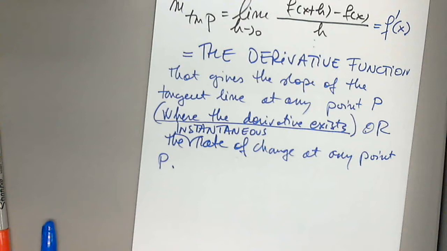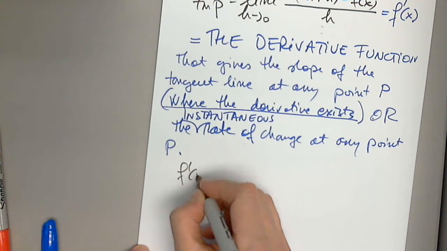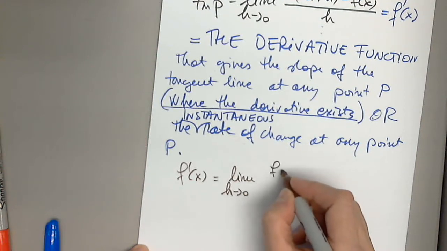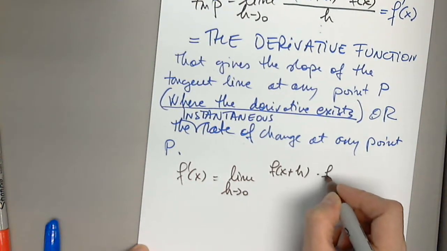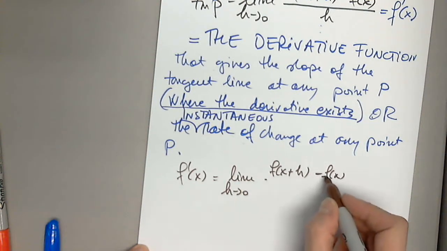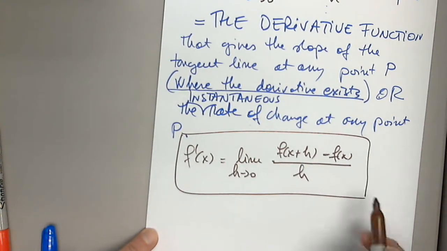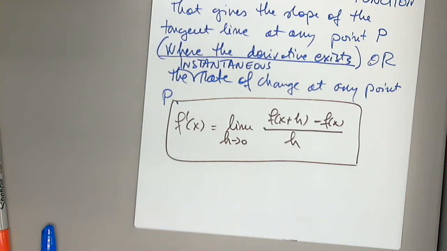Let's write it one more time. F prime of x is the limit as h approaches 0 of f of x plus h minus f of x divided by h. This is the derivative function.